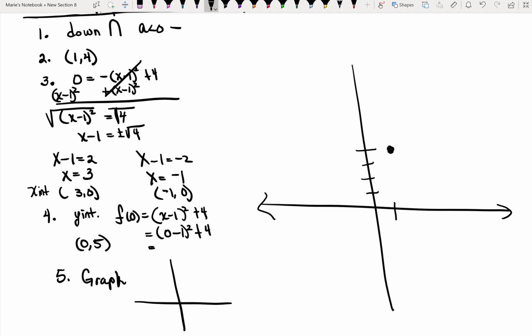I have an x-intercept at (3, 0), another one at (negative 1, 0), which makes sense. I have, according to this, a y-intercept of (0, 5).